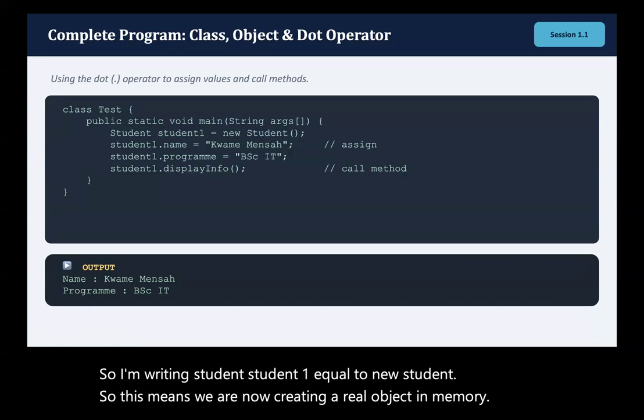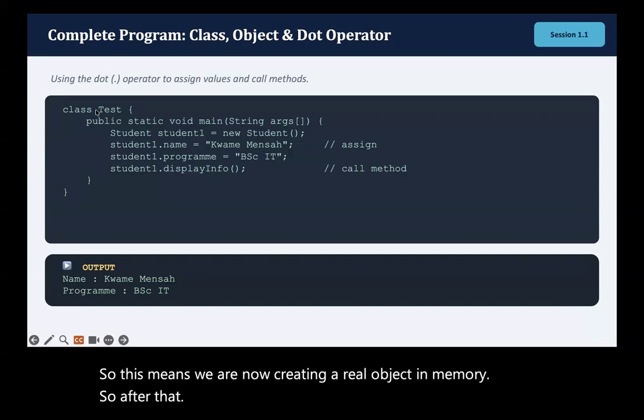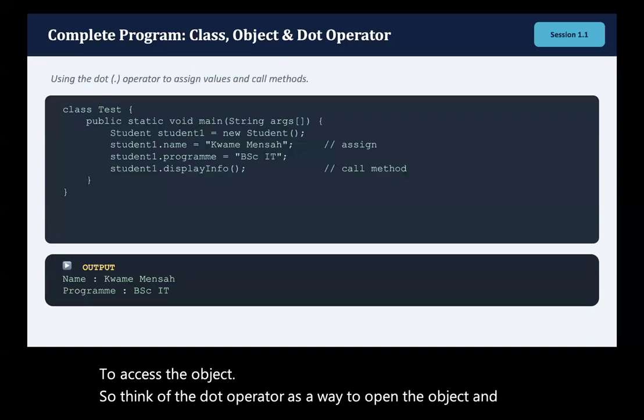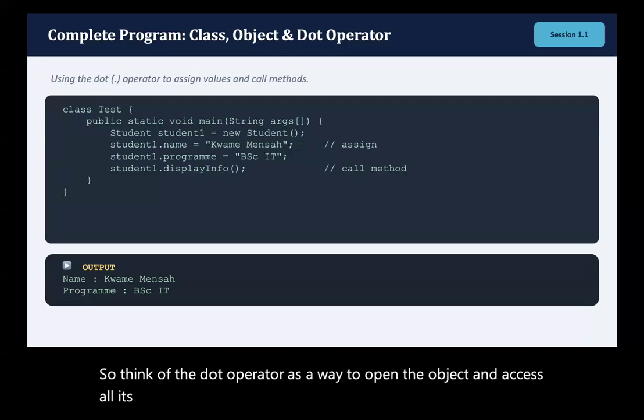After that, we use the dot operator to access the object. Think of the dot operator as a way to open the object and access all its inside parts.